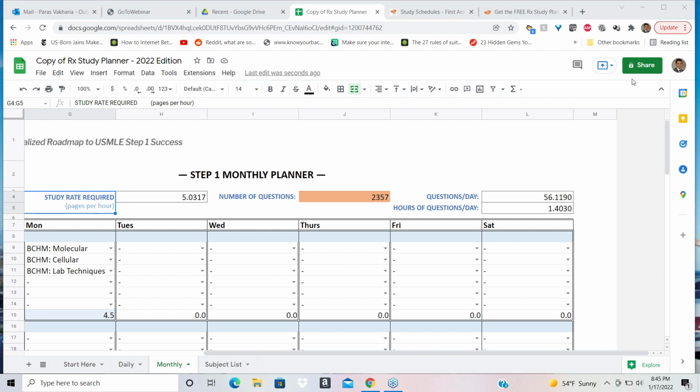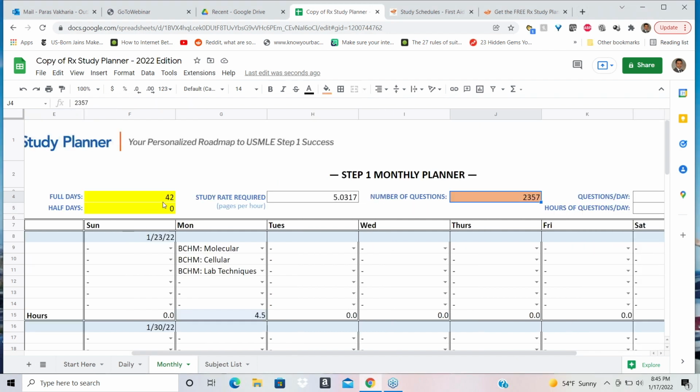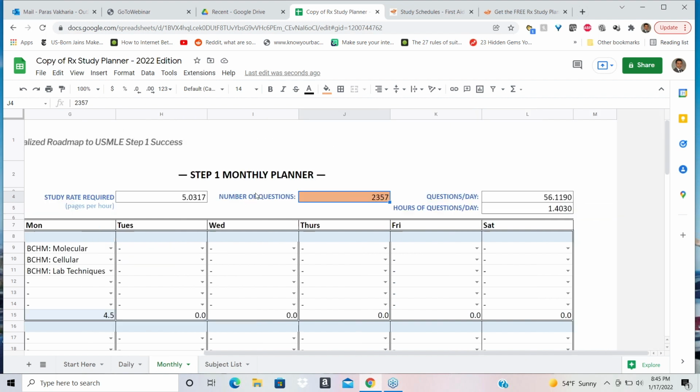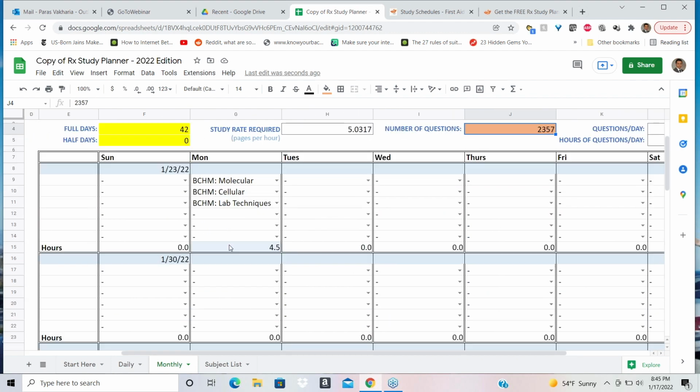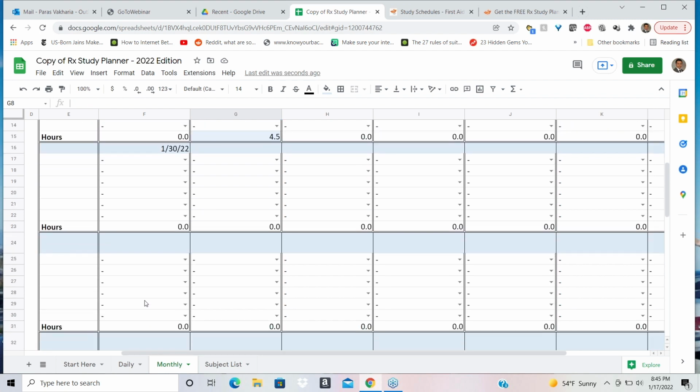You can see here, we've already broken down how many questions you want to do over those 42 study days, okay? And we were already given the number of questions per day and the number of hours of questions per day. And I know we later added in maybe another question bank, so that number changed a little bit as well, okay? But as you can see here, you can enter the dates of your study period, okay?